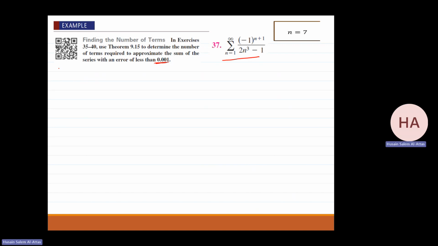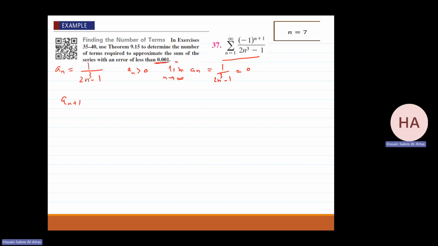So what is a_n? a_n is 1 over 2n cubed minus 1. a_n is clearly positive. The limit of a_n as n goes to infinity is clearly 0.